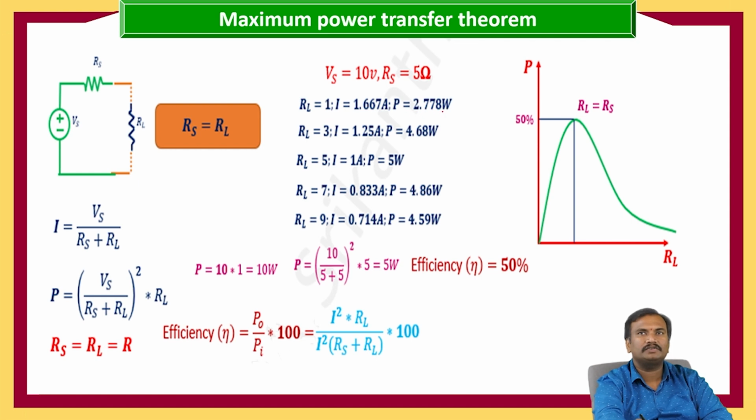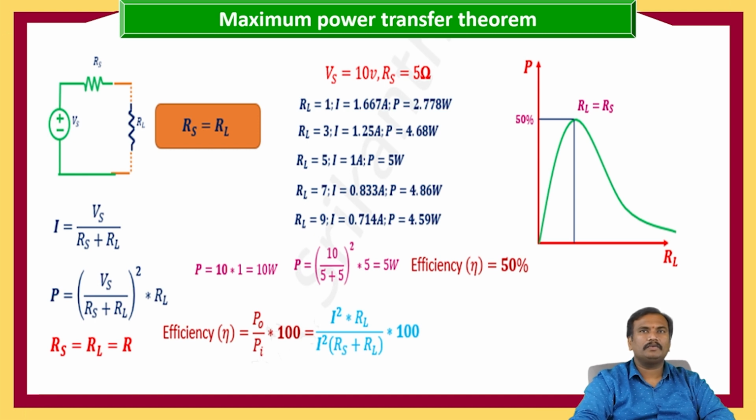So power value is 2.778 watts. This is the power calculation at one condition.